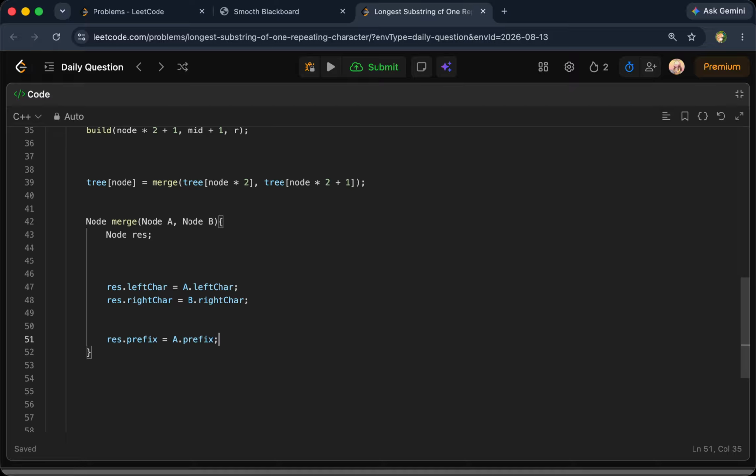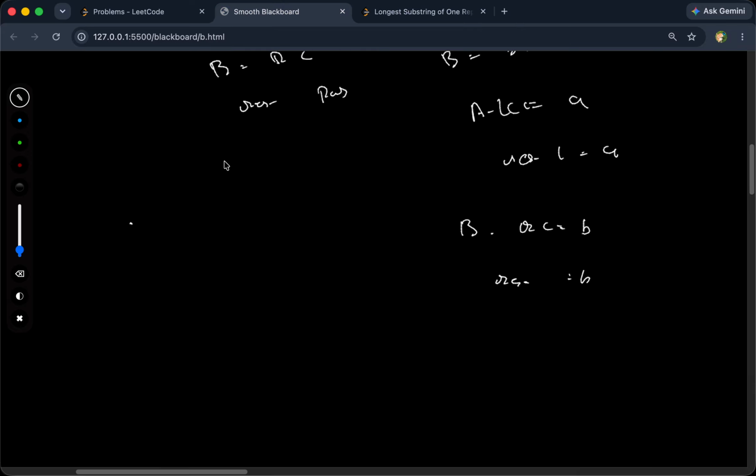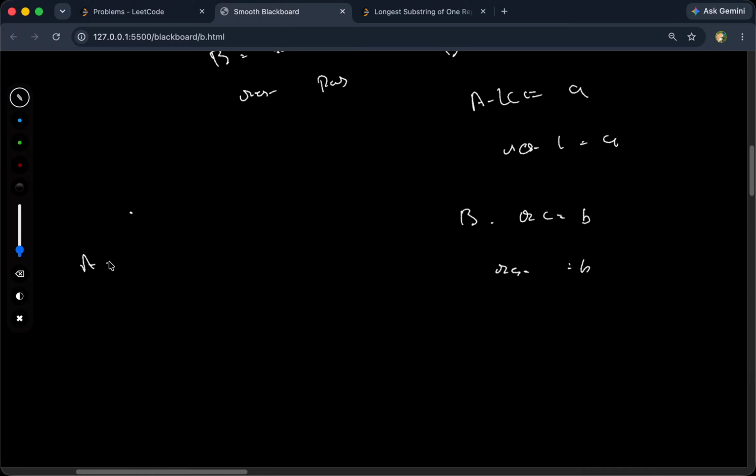Prefix, so it looks like this. Say a is equal to a and a.prefix is 2, so res.prefix is 2. But sometimes the prefix can extend into the right child. So when can the prefix extend?